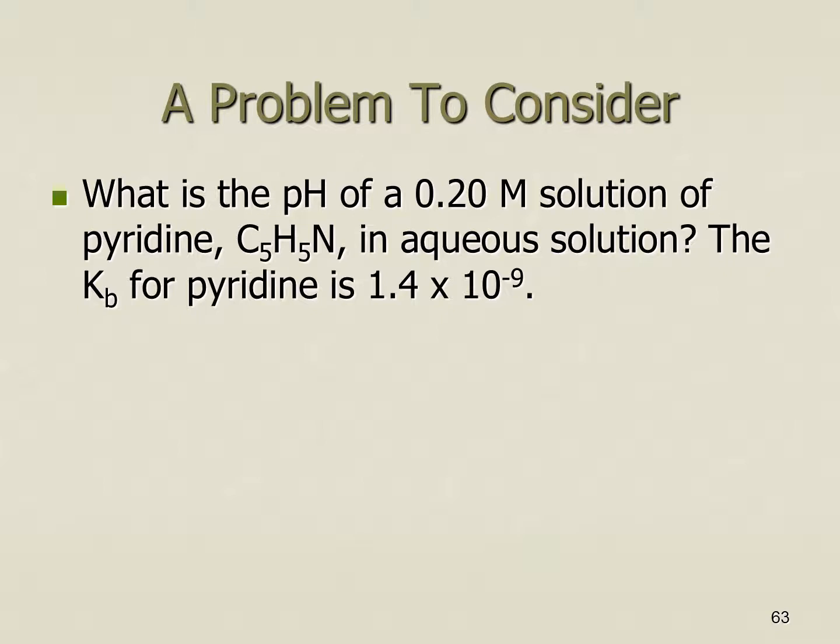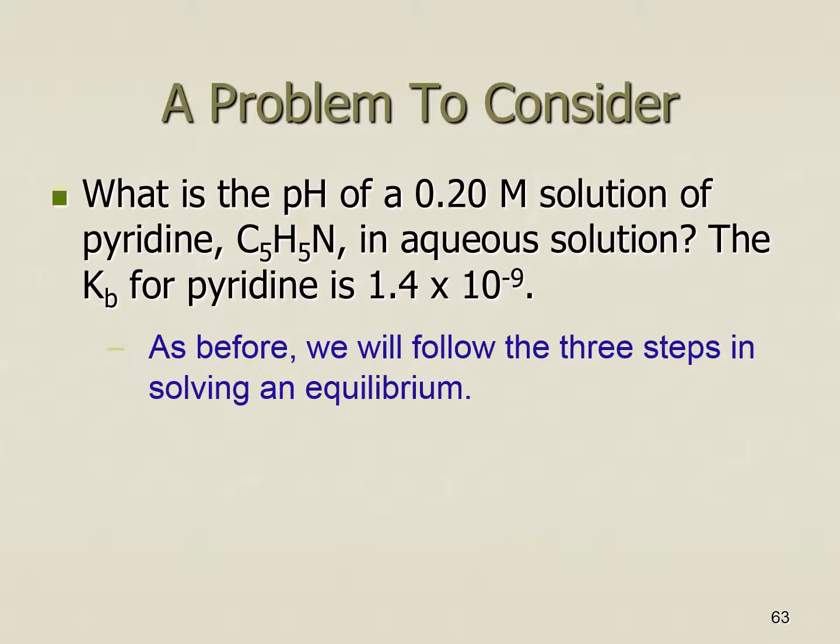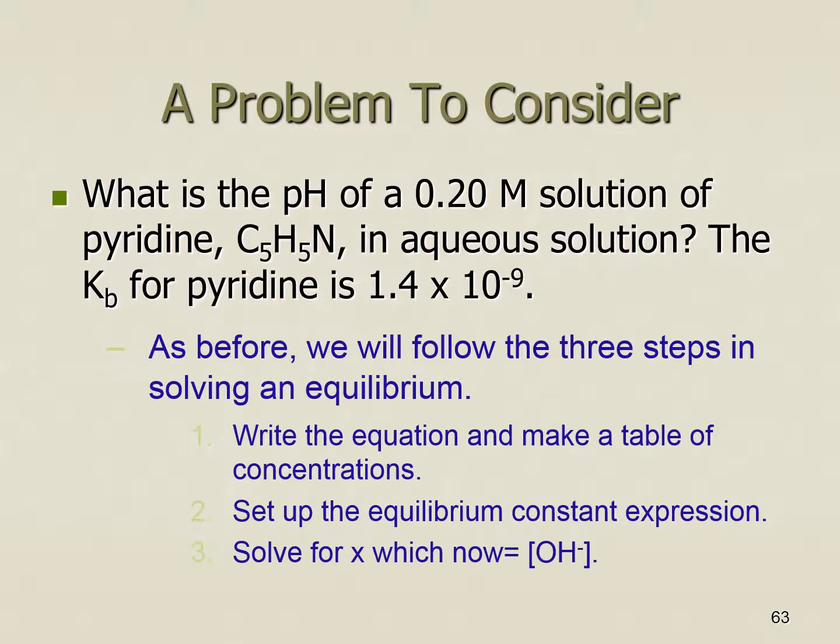All right, so just like your acid, the very first thing you want to do is set up your equilibrium expression. Write the equilibrium equation. Then you're going to set up your ice table, your ice chart. We're going to set up our equilibrium constant expression, products over reactants equal Kb, and then you're going to solve for X. But just keep in mind again that X will now equal OH negative.